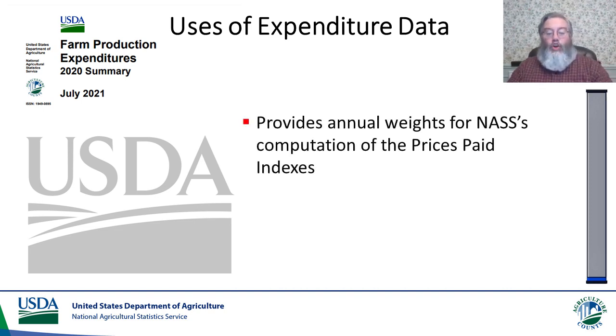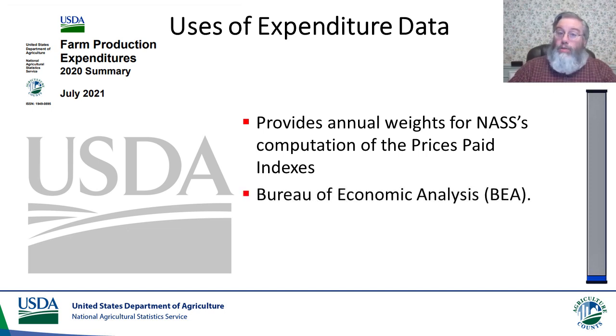Information from this section are also used to provide annual weights for NASS's computation of prices paid indexes, a component of the calculation of parity prices required by the Agricultural Adjustment Act of 1933. The prices paid indexes are also used in the calculation of depreciation and forecasting of expenses.